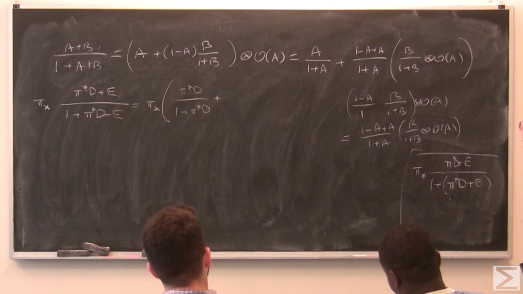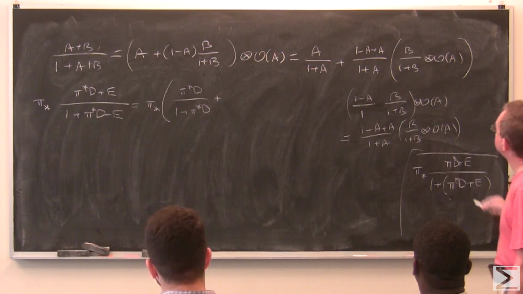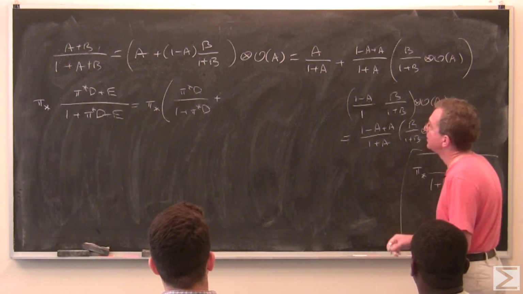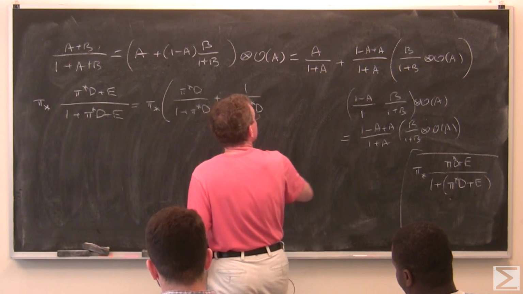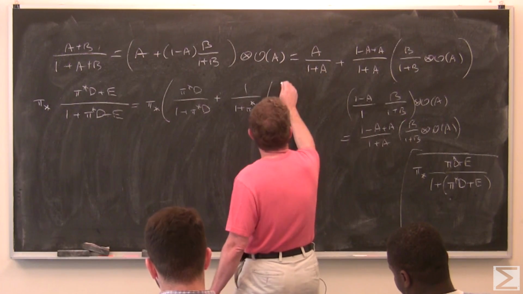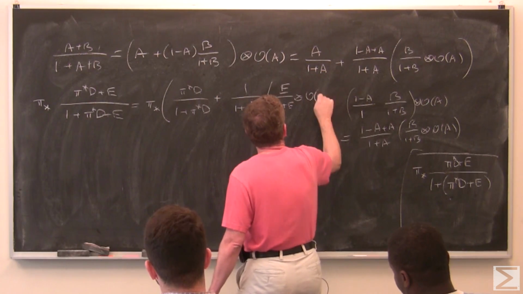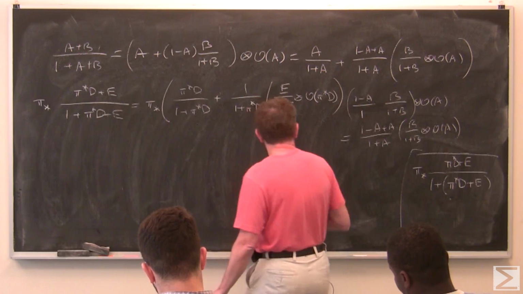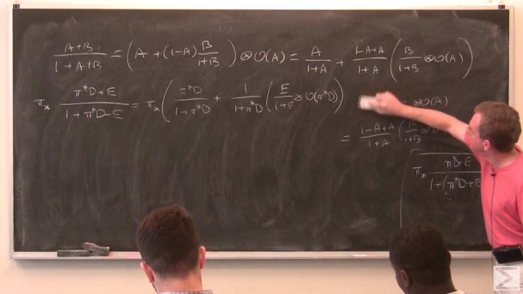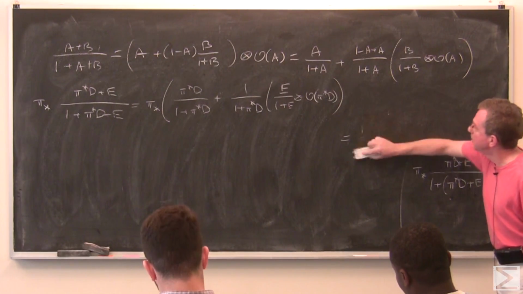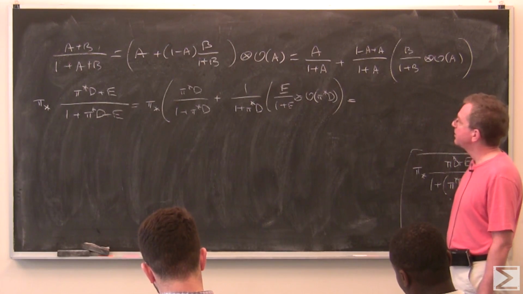Thanks. And I really want this to be as clear as possible. So this is no longer there. And what I've left is this e over 1 plus e tensor by O of pi plus star d. So I think you see what's happening.